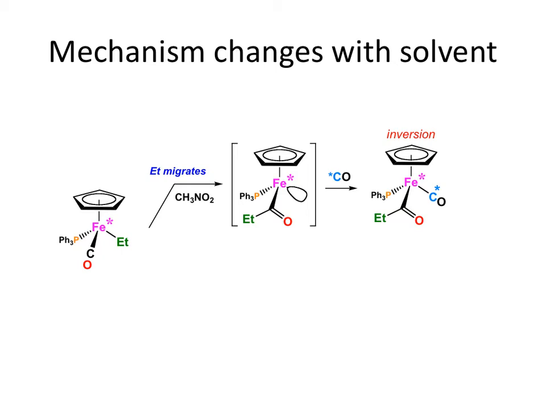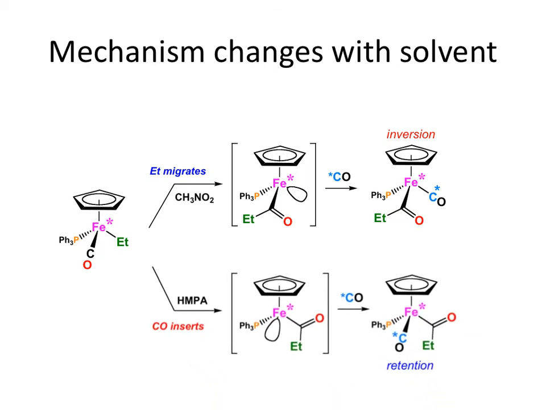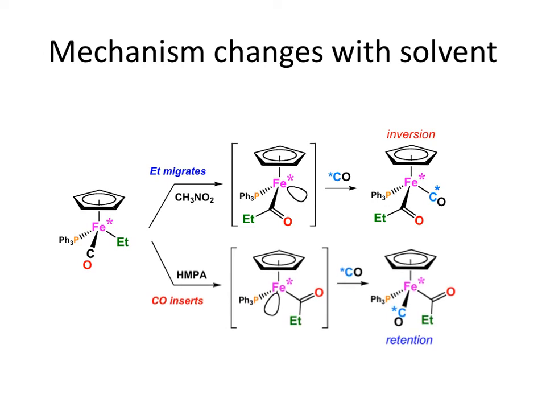And if you change the solvent from nitromethane to HMPA, it turns out that you see a reversal of the reaction, where in the more polar solvent, the carbon monoxide migrates to the ethyl, leaving the empty coordination site here, and the C13 label ends up here.